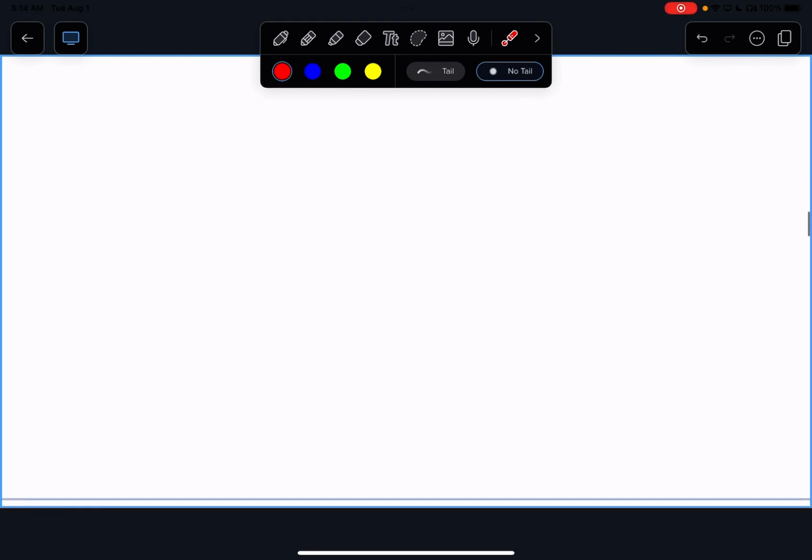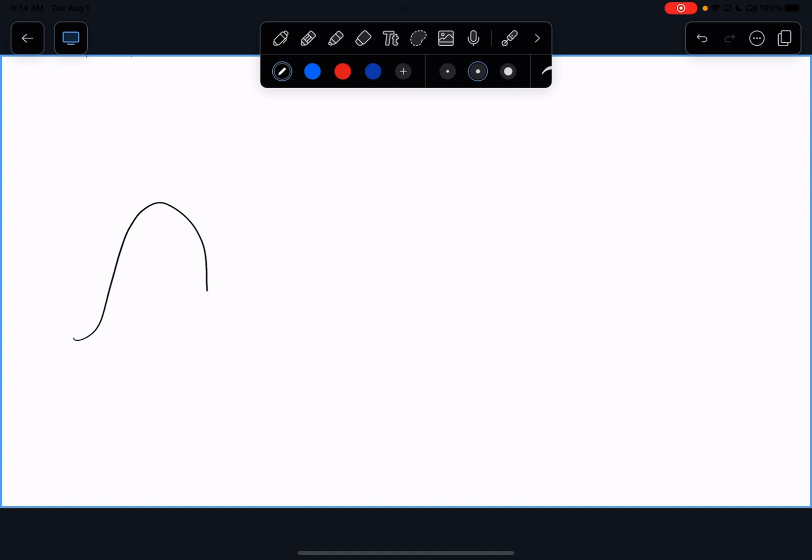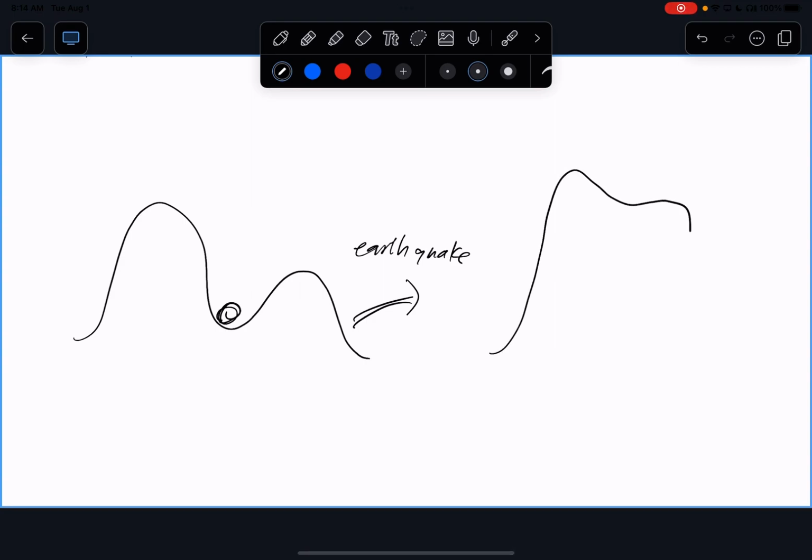If the land is moving, let's say originally you have a mountain like this, and the ball is here, and there's an earthquake. So the shape of the mountain changes. You have a rise of your land, and you see the height of the ball changes after the earthquake.